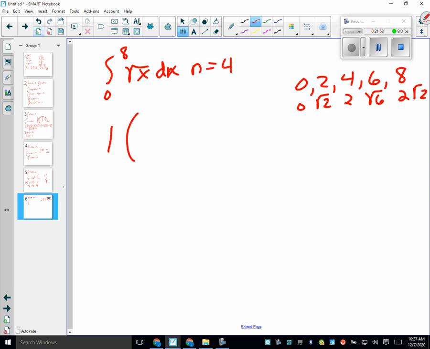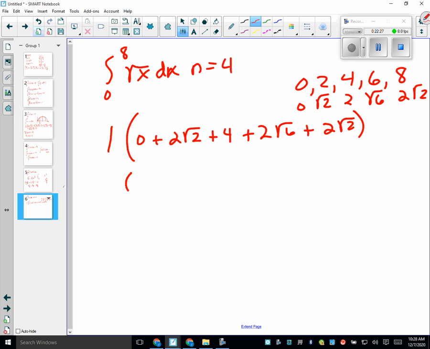Now, how do I do trapezoid rule? It's a 1 out front, 0 plus 2 radical 2, 2 radical 2 plus 4, plus 2 radical 6, 2 radical 6 plus 2 radical 2. Is that right? Yes. So can I clean that up?